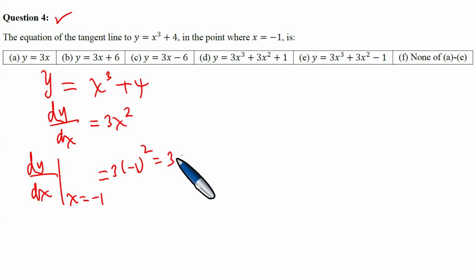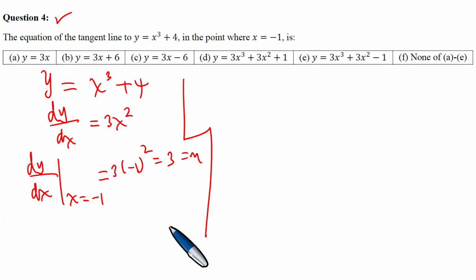And this is therefore the slope, the gradient of the tangent line. And you can use y minus y1 equals m times x minus x1.